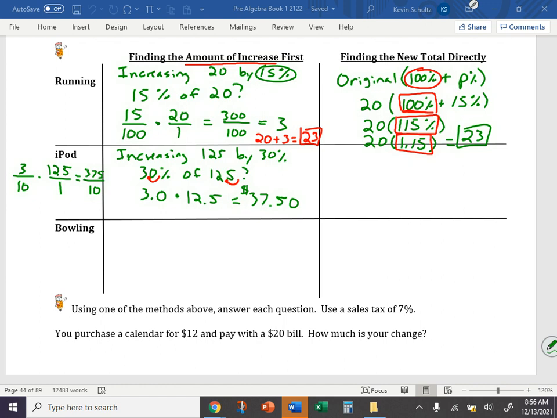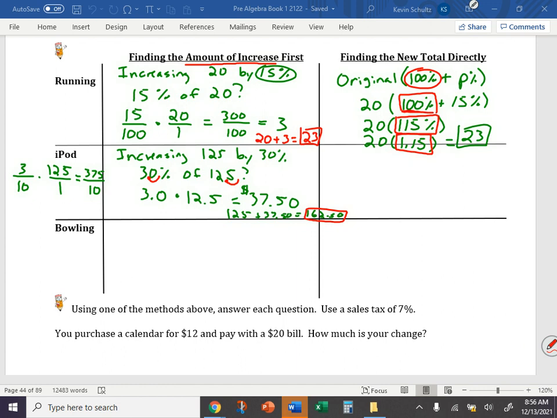Lexi gave us the final answer. This only represents the amount of the markup. You've got the original price. You would not buy an iPod for $125 and resell it for $37.50. That would not be a good business plan. You want to increase it by $37.50, and your final selling price is $162.50.